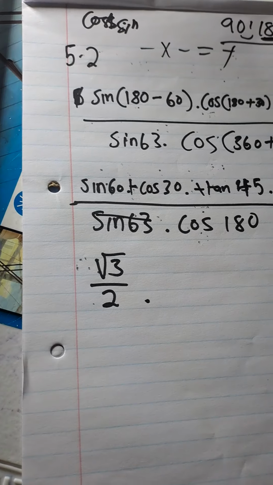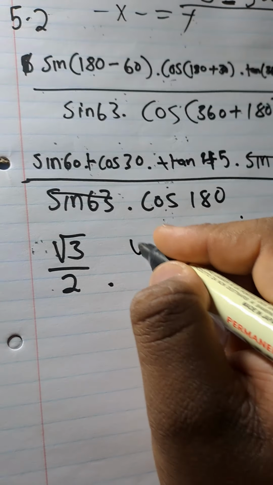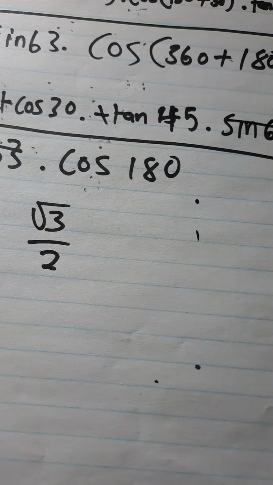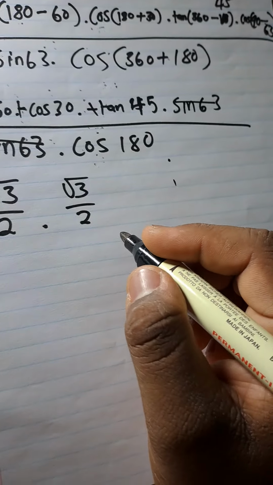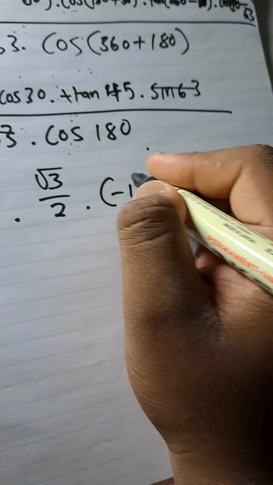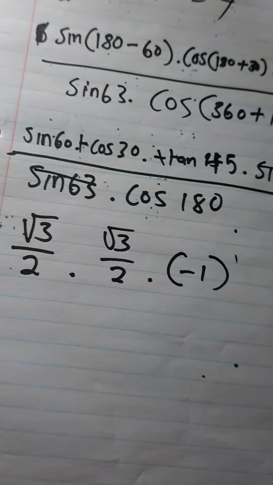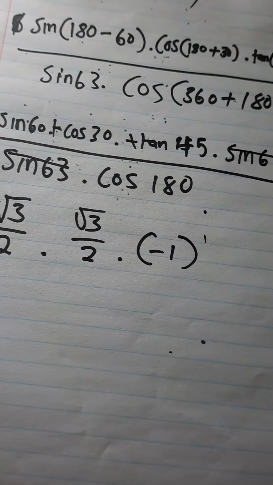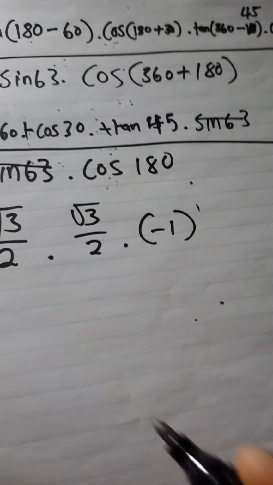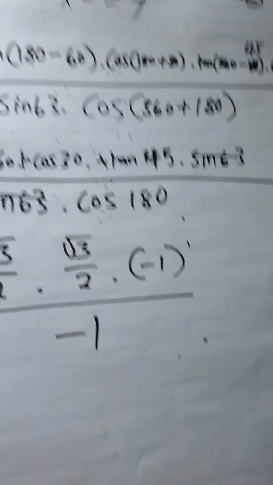From my knowledge, I know cos 30 is root 3 over 2 again. Tan 45. From my knowledge, I know tan 45 is negative 1. So it's gonna be times negative 1. Then sine 63 was cancelled. So what is cos 180? Cos 180 is also negative 1, over negative 1.